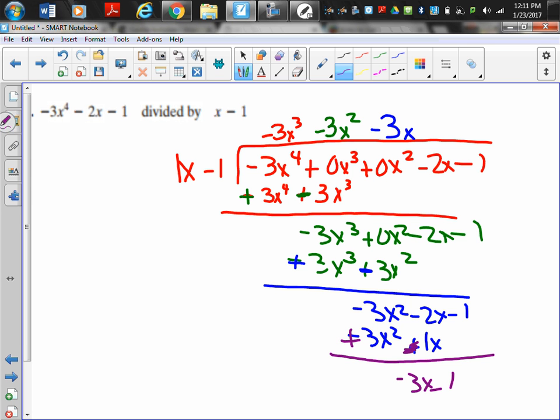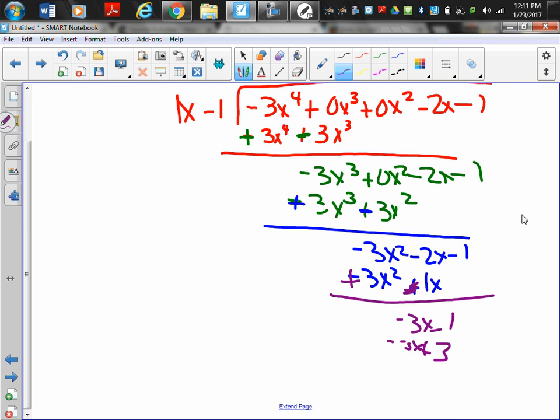1 times what is negative 3? Negative 3. Negative 3 times 1x is negative 3x. Negative 3 times negative 1 is plus 3. So negative 3 times 1 is negative 3x.